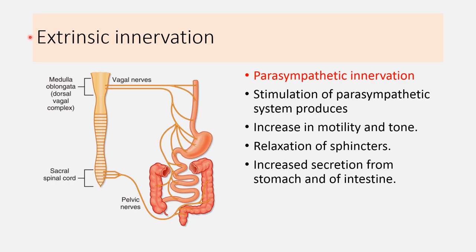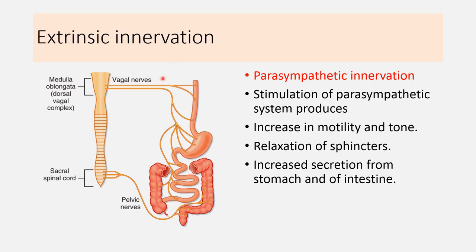Extrinsic innervation to the gastrointestinal tract is from the parasympathetic and sympathetic divisions of the autonomic nervous system. First, the parasympathetic innervation. The parasympathetic system is also known as craniosacral outflow and it innervates the gastrointestinal tract through the vagus nerve and the pelvic nerve.